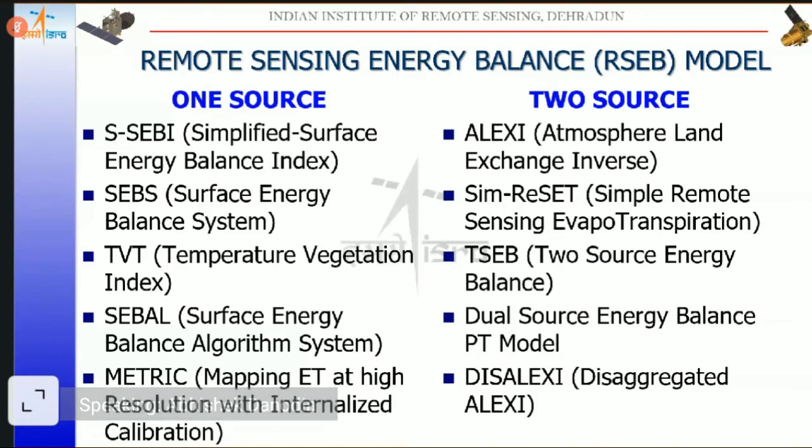By combining the evaporation and transpiration, we can ultimately sum up the evapotranspiration rate for the particular crop or area. Models include LXC, SIMRESET, two source energy balance, and modified Twisted Taylor using the dual source energy balance approach. Numbers of other models are also there.